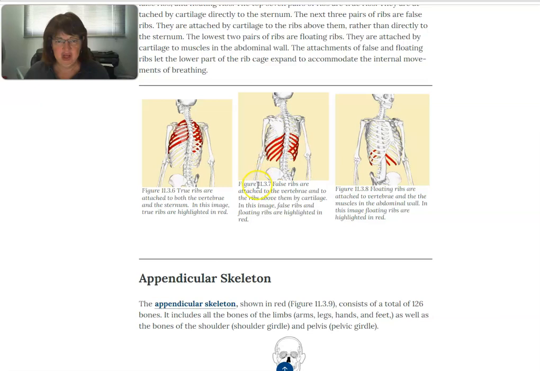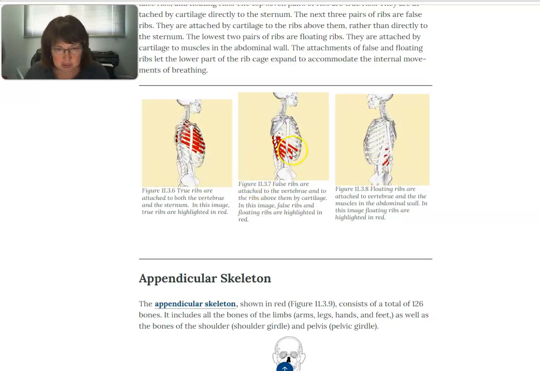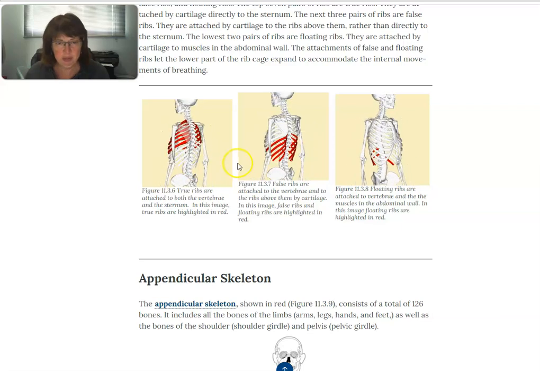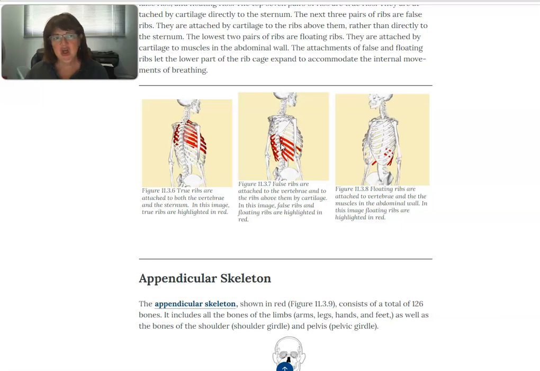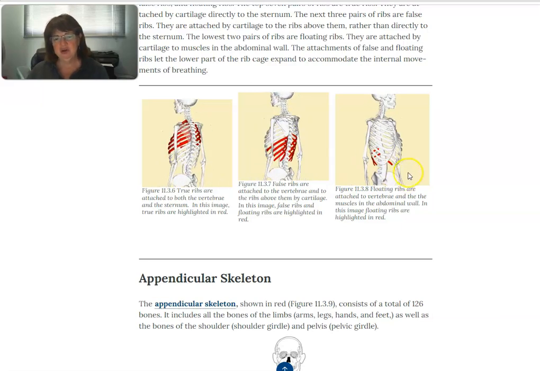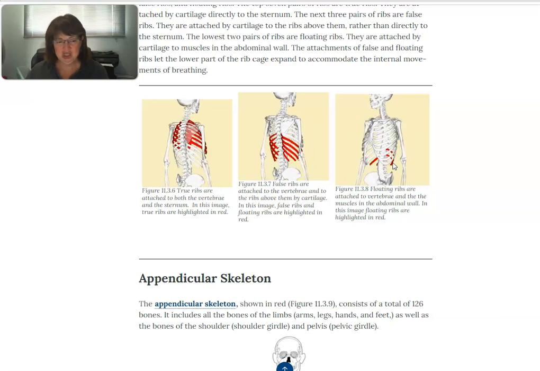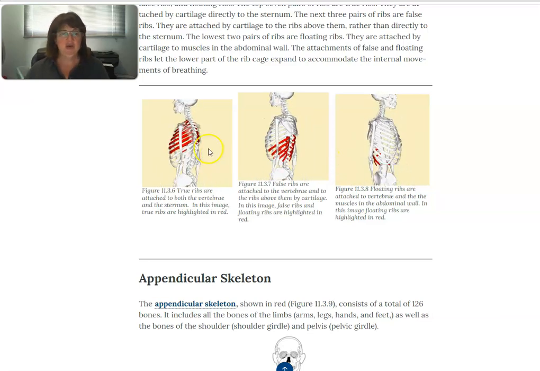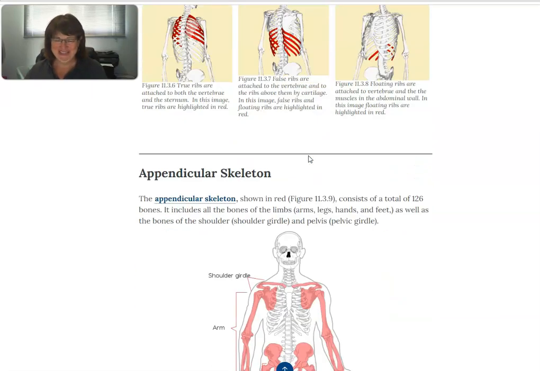And then there are false ribs, and if you look at the false ribs, 3 of them go to one point, and then that joins to the breastplate. Then there are something called floating ribs, and there are 2 floating ribs at the back because they float and they do not attach to the front. So true, false, and floating. Make sure you know them all.